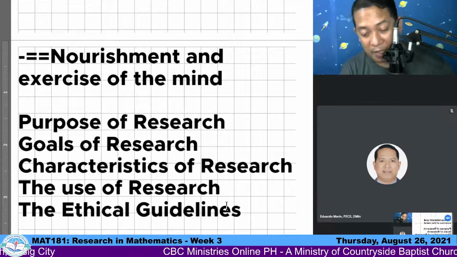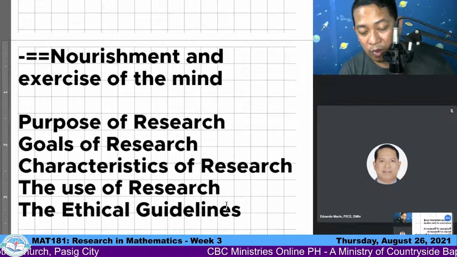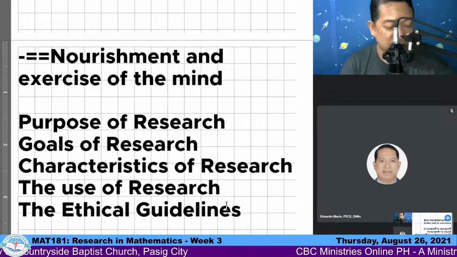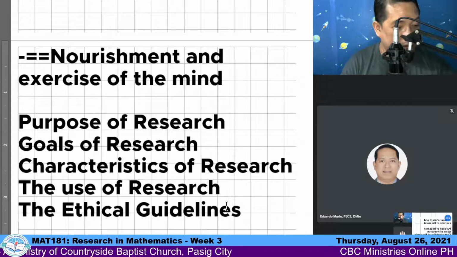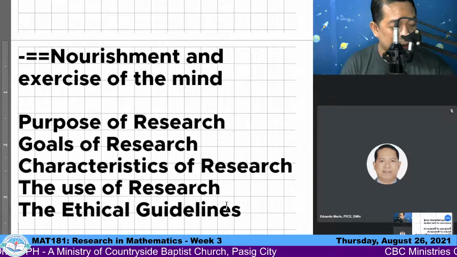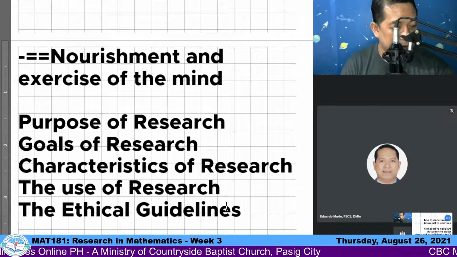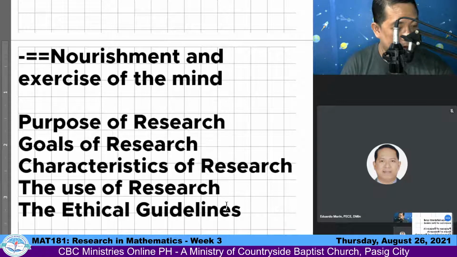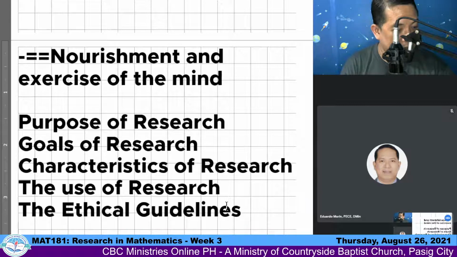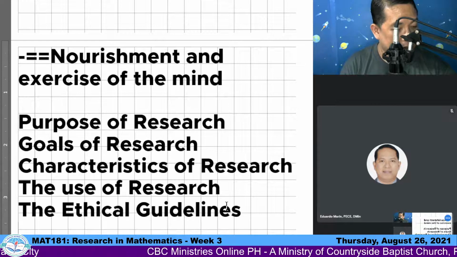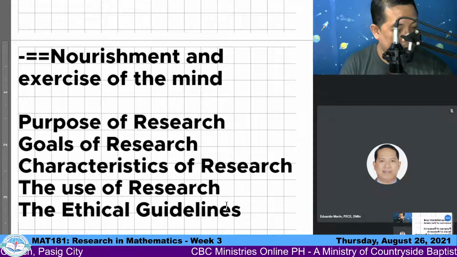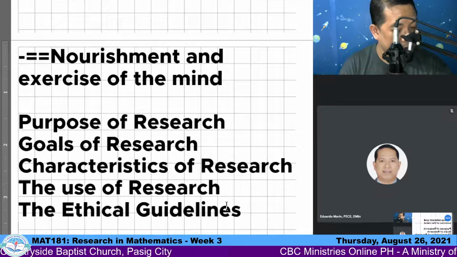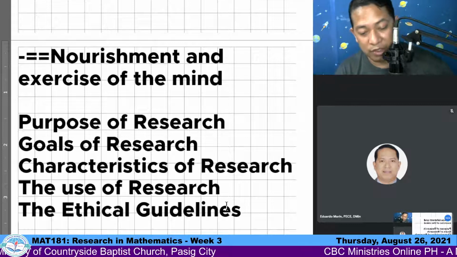That could be a basis of looking for your research interests. That's it so far. Then we will have some assessment here. And then afterward, there are some tasks. And then we will go to the classification or types of research.